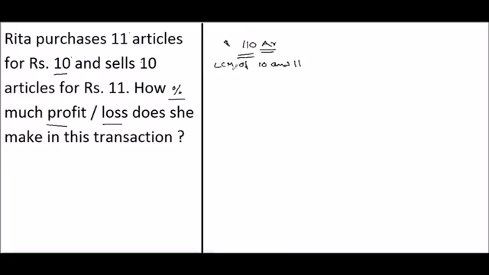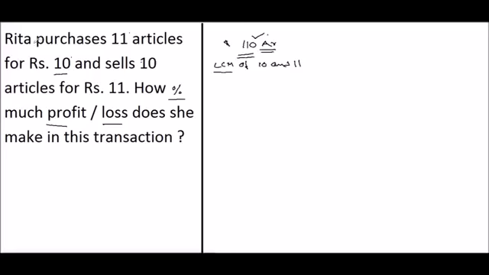Otherwise, even if you start with 100 also, you can get it. Even one article also, you can get that one. But some fractions would be there. For that reason, I'm avoiding the fractions by taking the LCM of these two. Imagine that she purchased 110 articles.